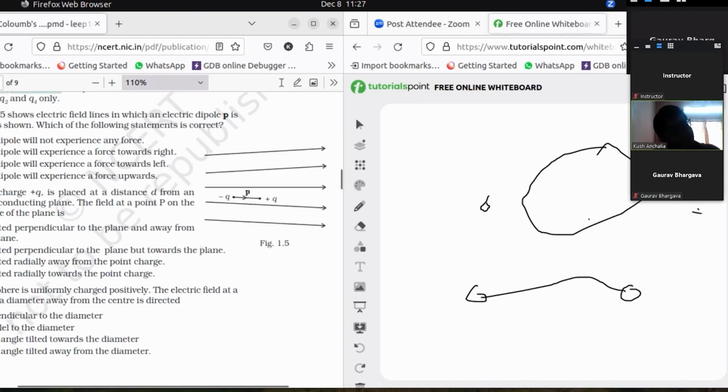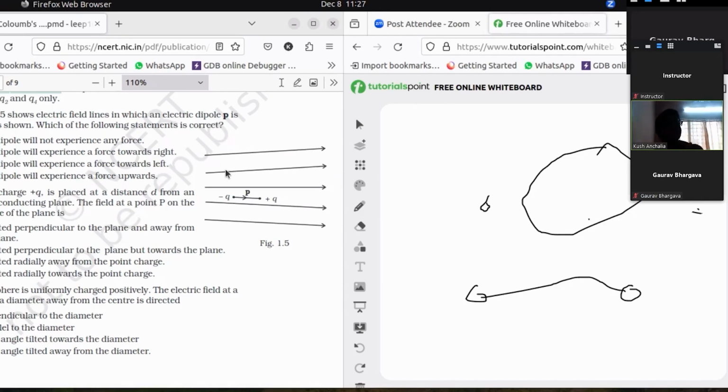Figure 1 shows electric field lines in which an electric dipole P is placed. Which of the following statements is true? Is it the same along the direction? I can see these are all parallel. If they were not parallel, then force would be exerted, and first of all it would exert a torque.